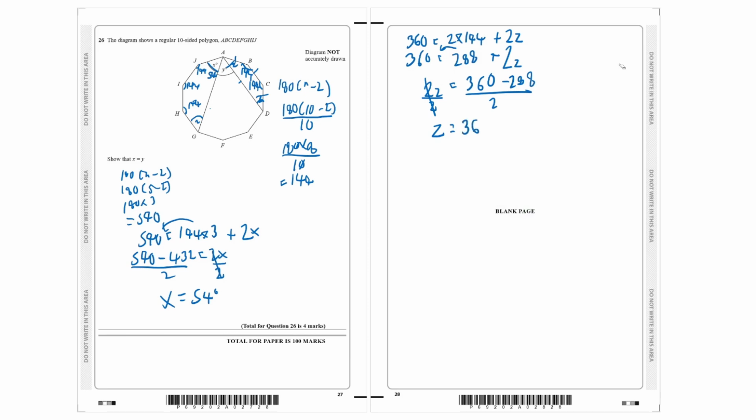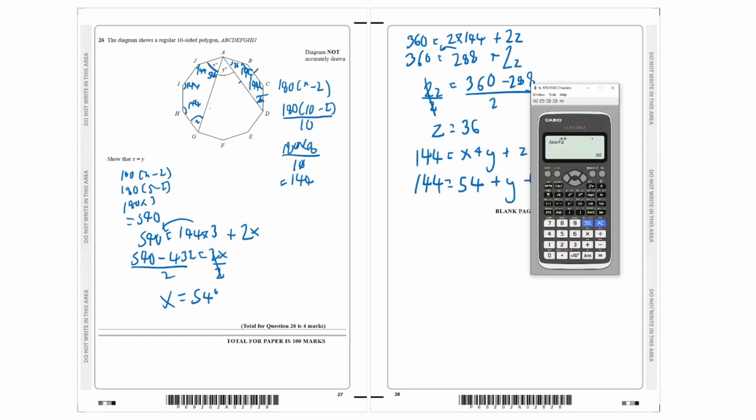36. And now that we have this angle, which is 36, we can use one of the angles, since we know it to be 144, we can then subtract x and z. So finally, we have 144 is equal to x plus y plus z. Since we know what x is, we can write it here. It is 54. And we don't know what y is, but we know what z is, which is 36. We can then combine the like terms.